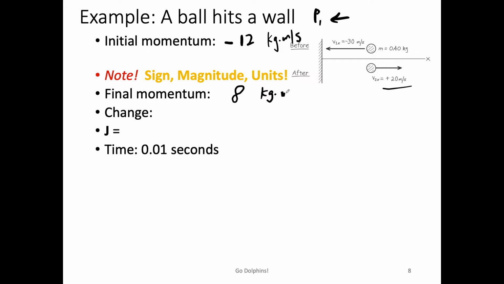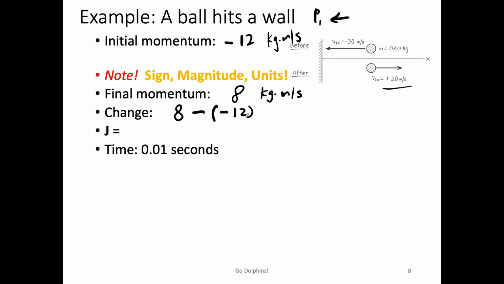kilogram meter per second. So what is the change of momentum? It's not 12 subtract 8, or 8 subtract 12. You see, your final momentum is 8, so it's the final momentum subtract the initial momentum, and the initial momentum is negative 12.